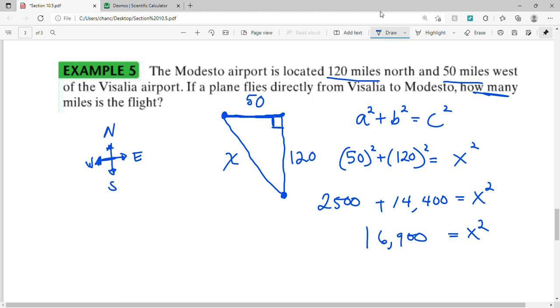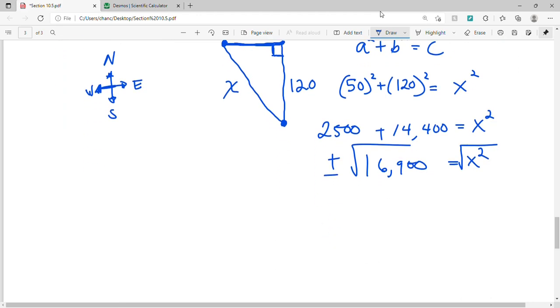Let's take the square root of both sides. Don't forget that plus or minus. But in the end, we're going to throw out the negative. The square root of 16,900 is 130. So we have x equals plus or minus 130.